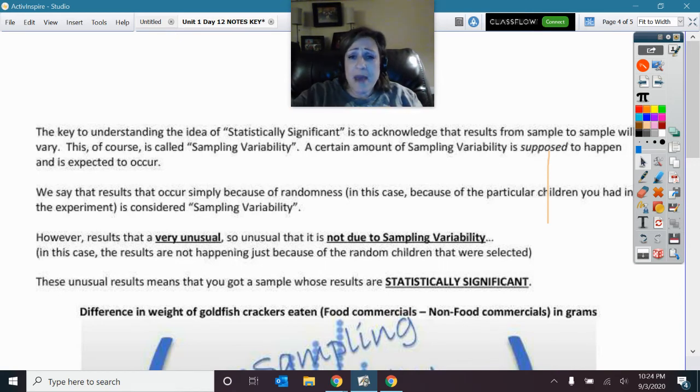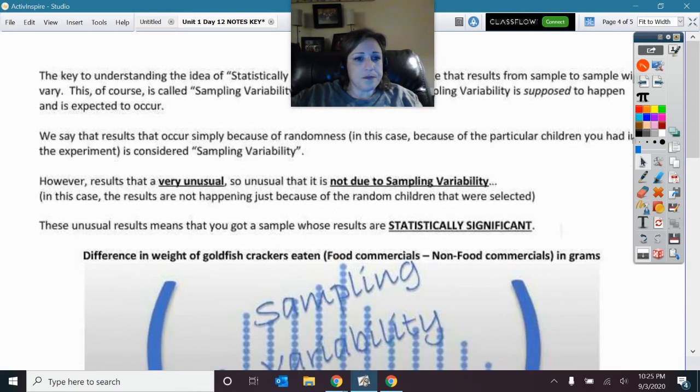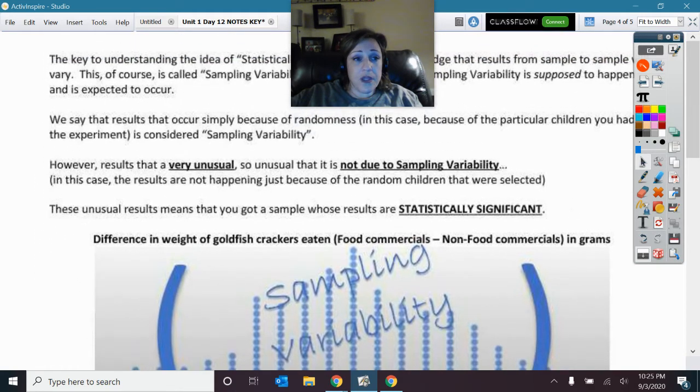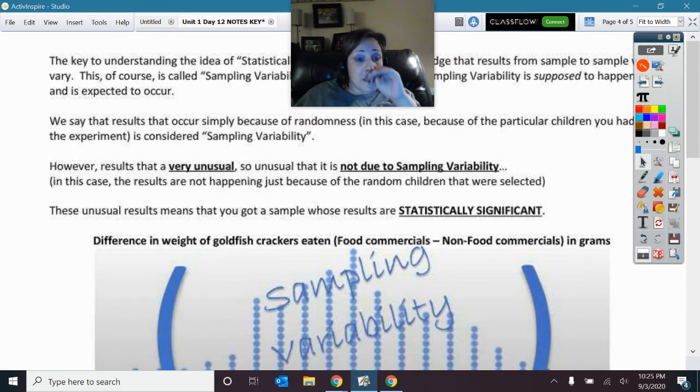A certain amount of sampling variability is supposed to happen. Okay? We say that the results that occur simply because of randomness, because of who those children were, that is considered sampling variability. Now, however, there are results that are very unusual, so unusual that they are not just due to sampling variability.